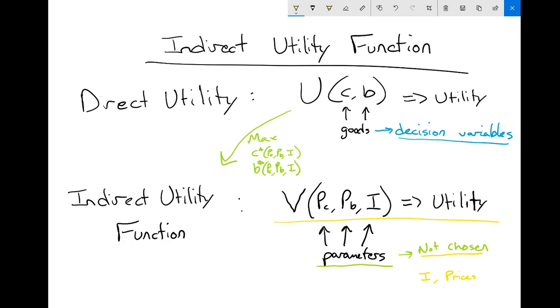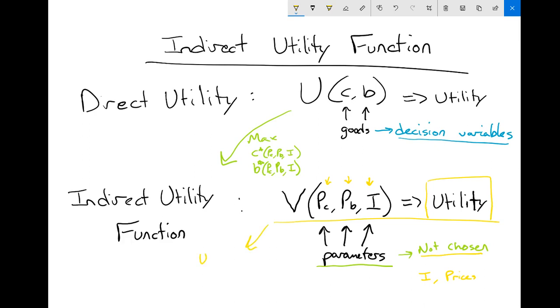So if we have the indirect utility function, we give it the parameters. That means we give it the prices, and we give it the income. It will tell us what utility is achieved given those prices and income, what utility is achieved at the optimal.